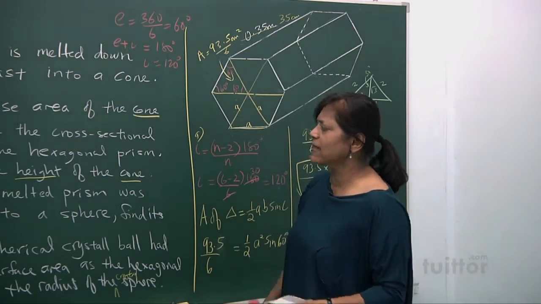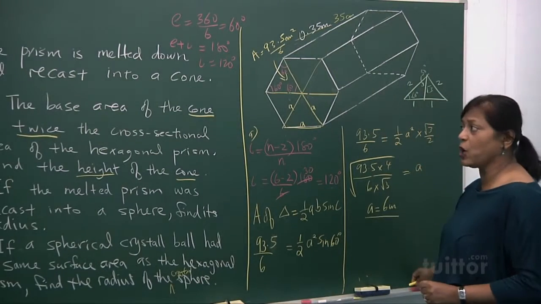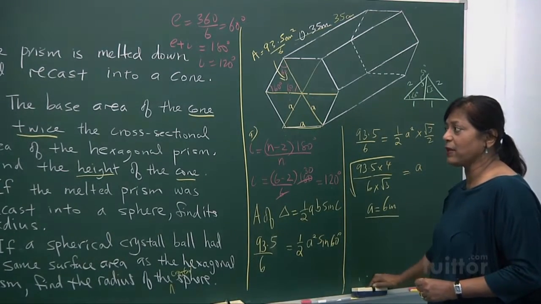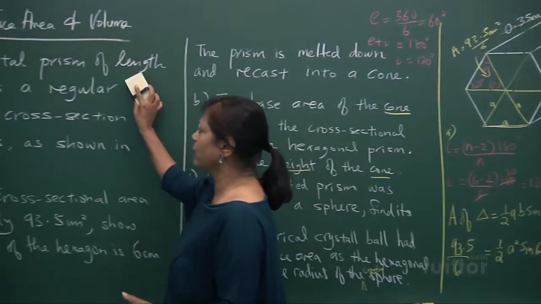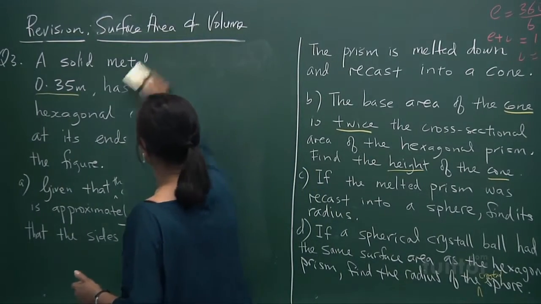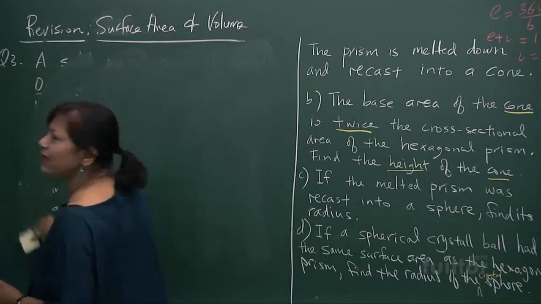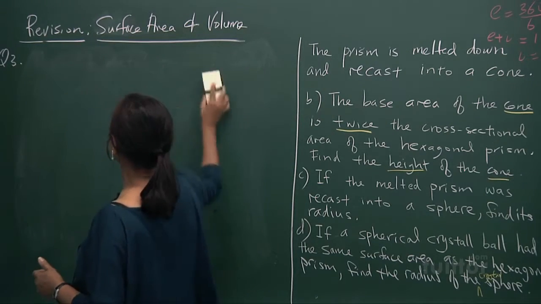The next part of the sum is that this prism is melted to form a cone. Now the base area of the cone is twice. So let's work on it. I would like you to work while I clean the board and we'll look into the sum. It's really beautiful, volume. Alright? Getting to know the shapes and understanding.